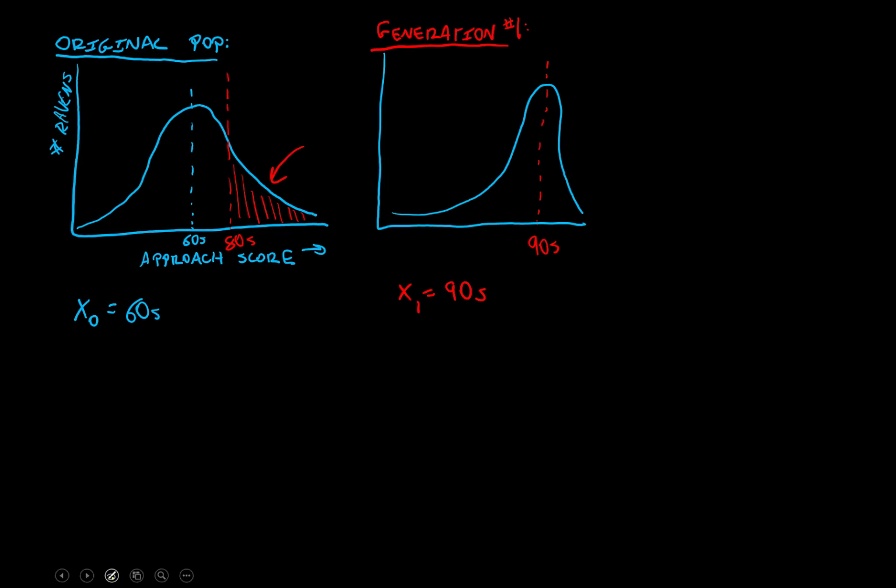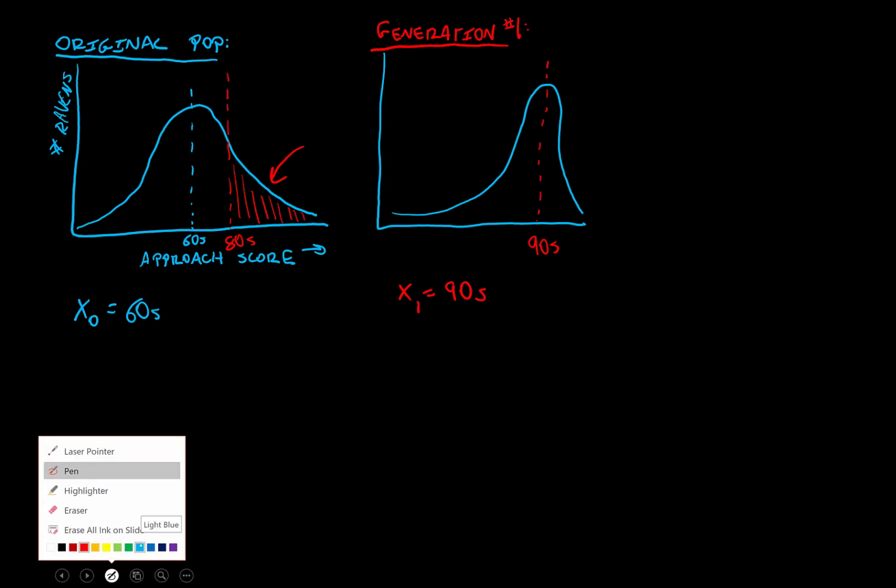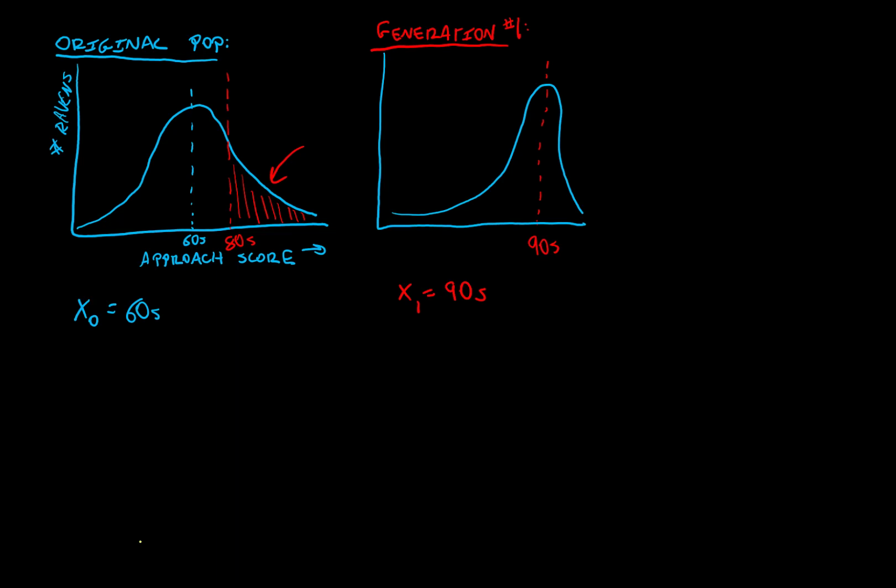The selection differential is calculated as S equals x1 minus x0.